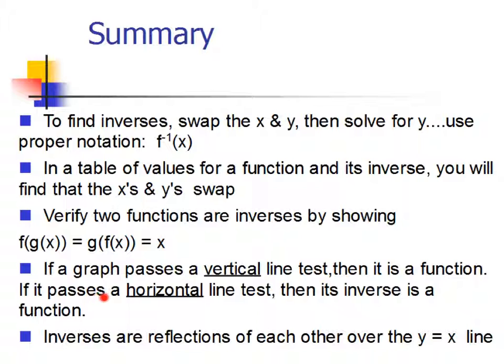If it also passes a horizontal line test, then its inverse will be a function. And remember, you do both of those tests on the original problem. And the last thing, what we just talked about earlier, inverses are reflections of each other over the y equals x line. So if you're looking at their graphs, you can tell they're inverses that way. All right, lots of stuff about inverses. Good luck.